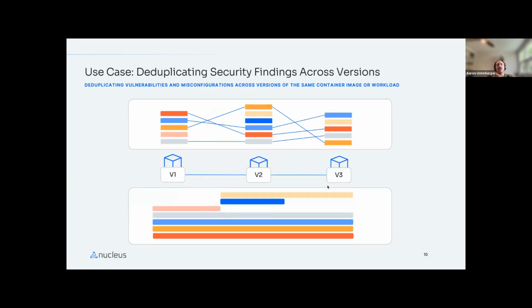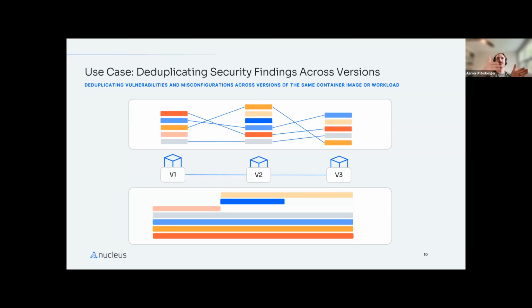Another use case is when we think about the lineage of a container. Oftentimes we're in a continuous delivery process. We're frequently releasing updates. And so container images are frequently versioned. Historically, that results in essentially erasing the state of a vulnerability.